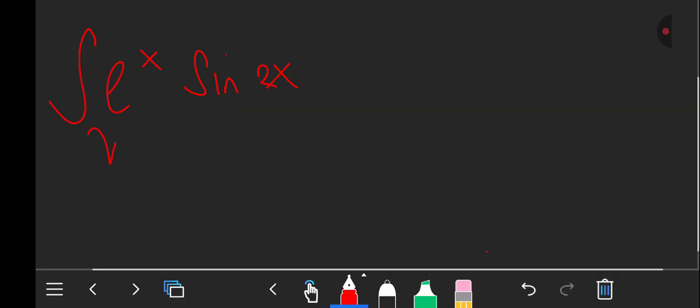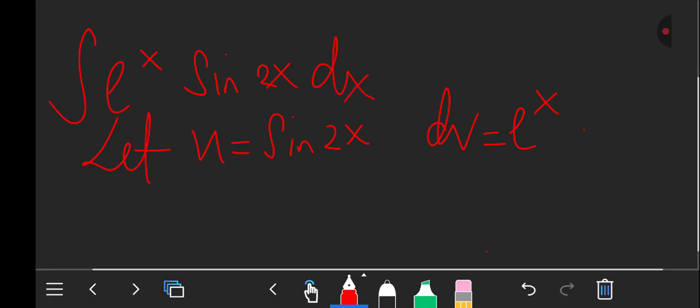So let u be equal to sine 2x, then our dv will be equal to what remains. So what remains is e to the power x. Then, mind you, we're integrating this with respect to x, so it is e to the power x dx.